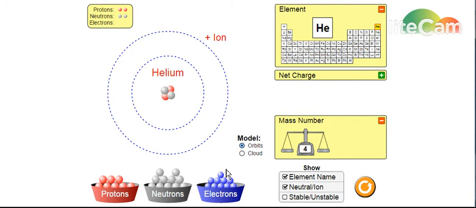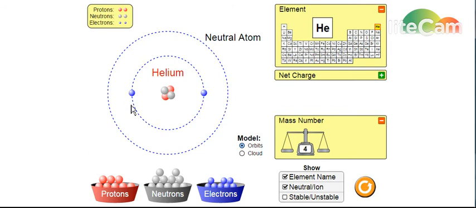The last thing we need to do is add the electrons. Remember from what we learned, in a neutral atom, the electrons and the protons will always match. In this case, we have 2 protons, so we're going to need to add 2 electrons.